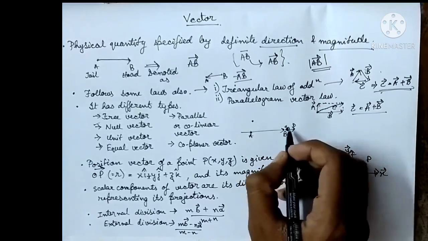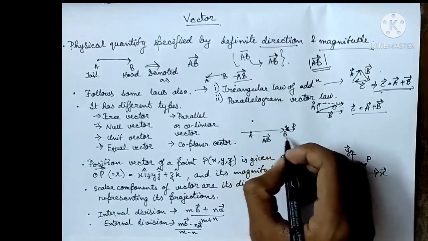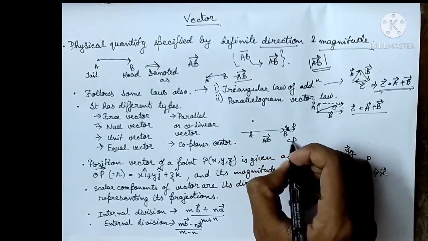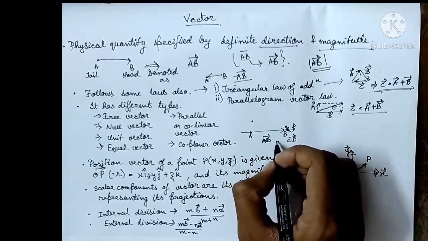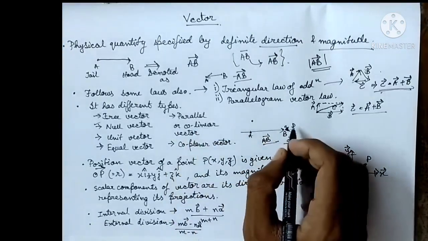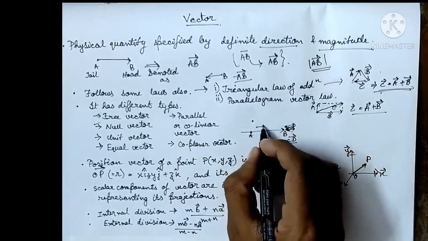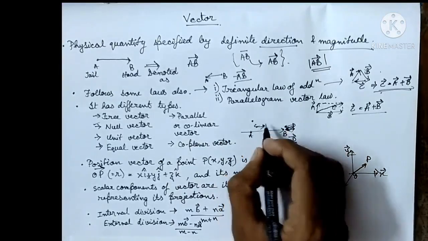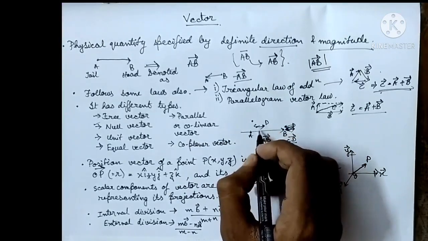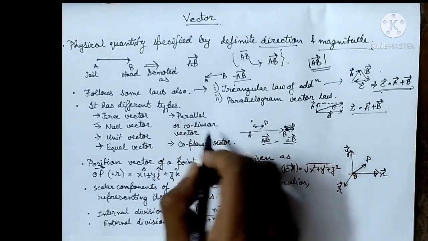Let this be AB and this one CD. So these are collinear as well as parallel vectors. And if we just shift this CD, suppose here, and these two are parallel to each other, then this will be said to be a parallel vector.